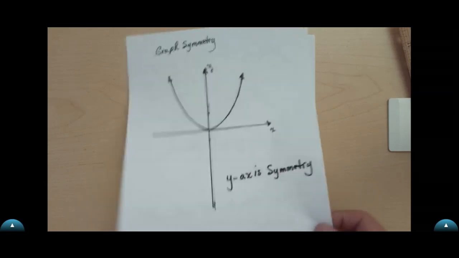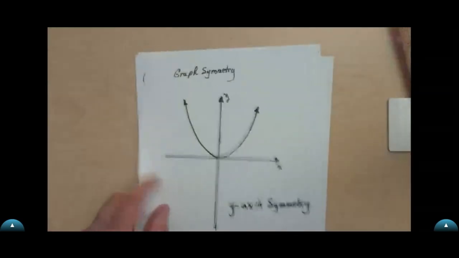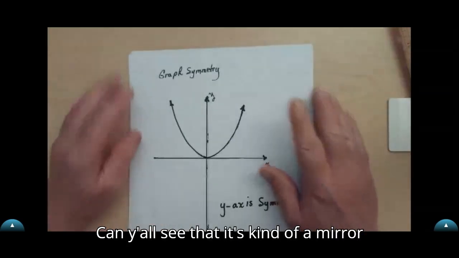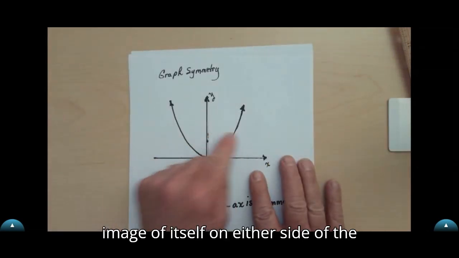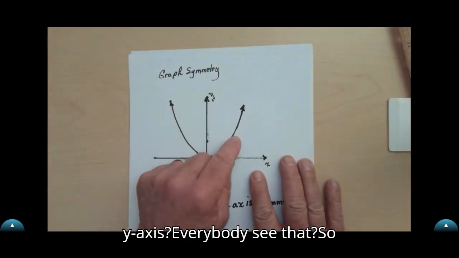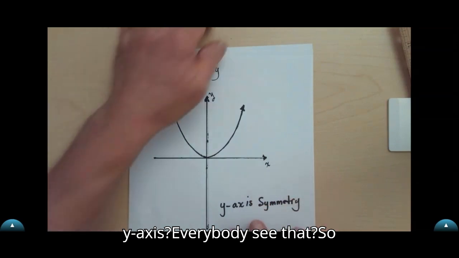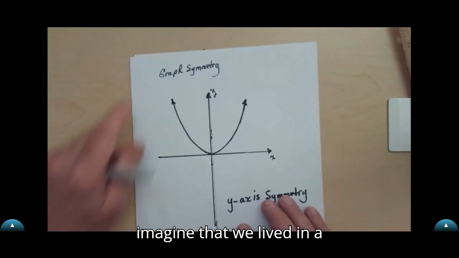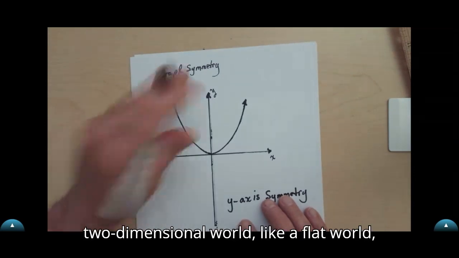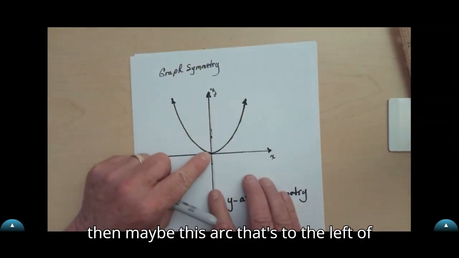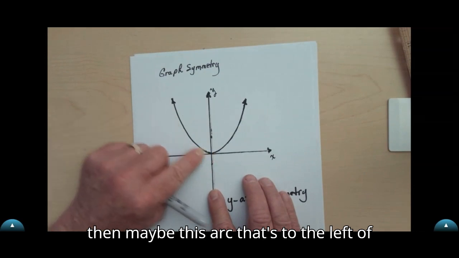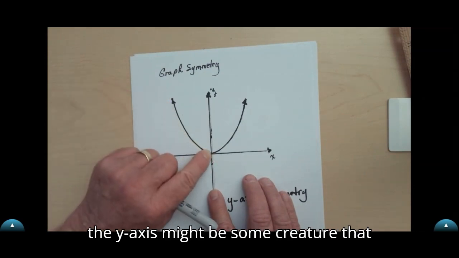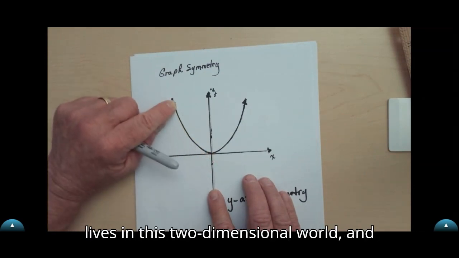This graph, can y'all see that it's kind of a mirror image of itself on either side of the y-axis? Everybody see that? So think of it like that. It's like if you imagine that we lived in a two-dimensional world, like a flat world, then maybe this arc that's to the left of the y-axis might be some creature that lives in this two-dimensional world.